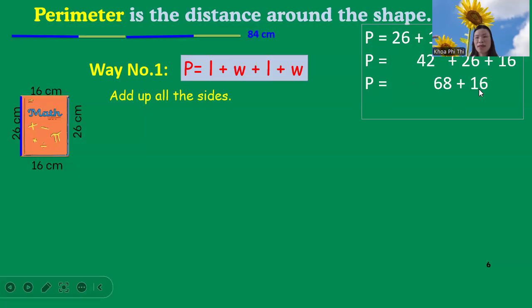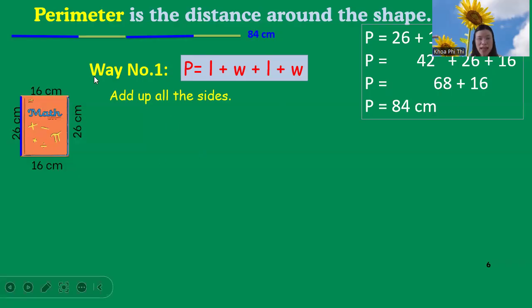And 68 plus 16 equals 84 centimeters. So the perimeter of the rectangle, or the book, is 84 centimeters. That is way number one to calculate the perimeter of the rectangle.